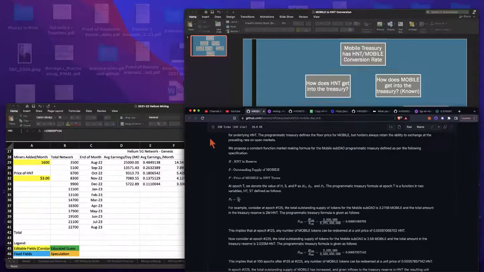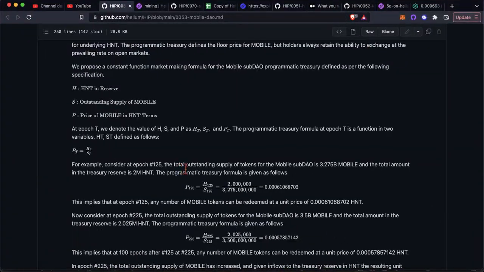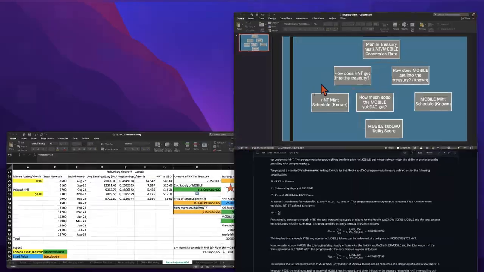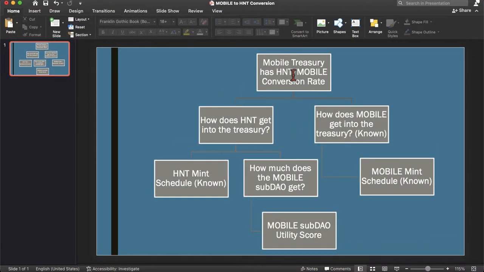Okay, but how exactly? We know the numerator is the HNT in reserve for the mobile sub-DAO, and the denominator is the outstanding supply of mobile. So to get to the conversion rate, you need to know two things. How much HNT is in the treasury and how does it get in there?